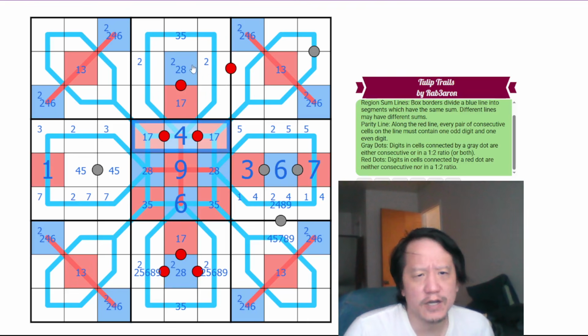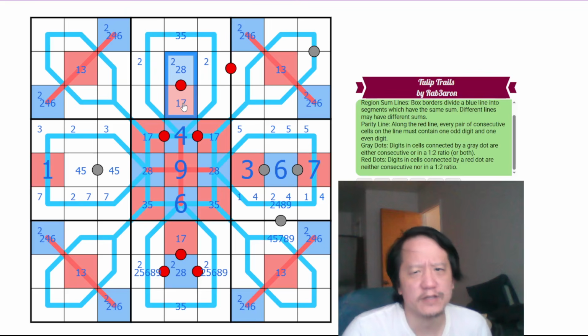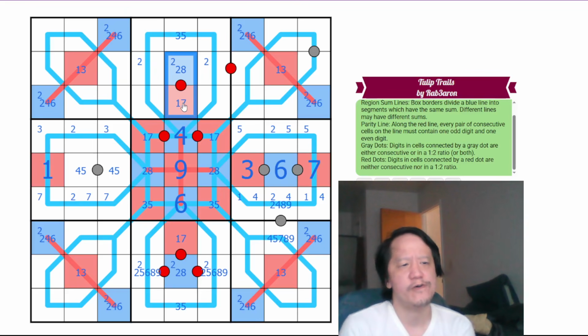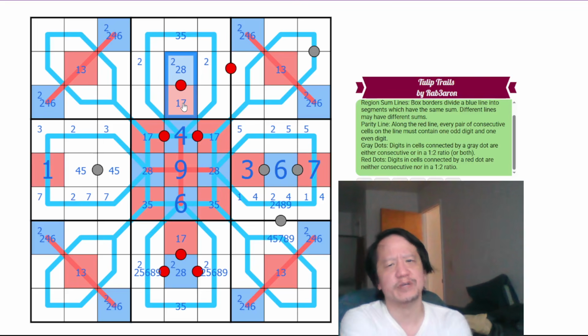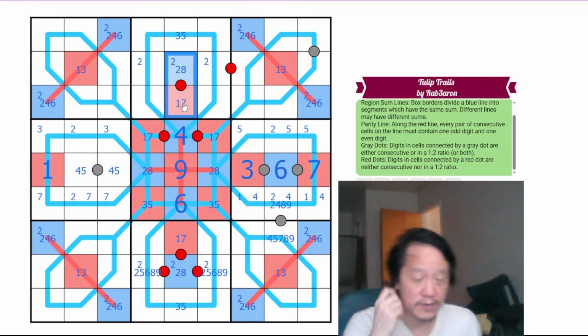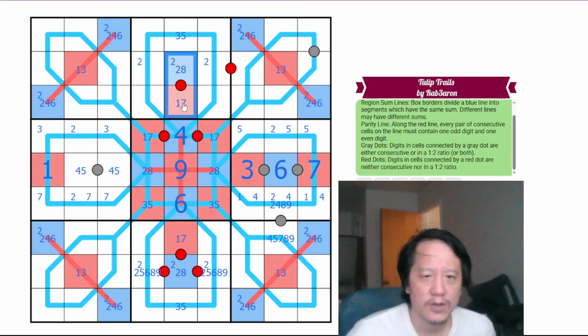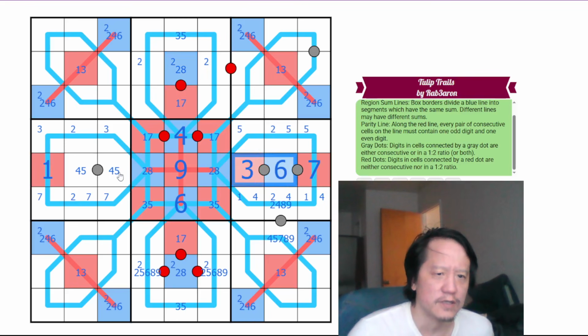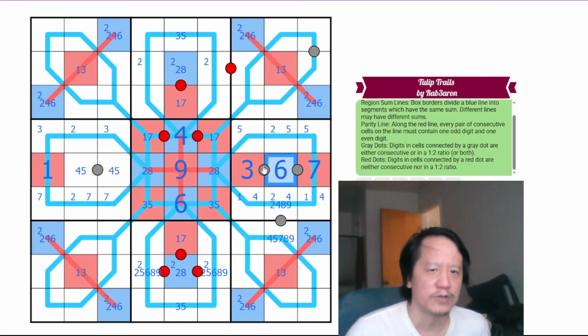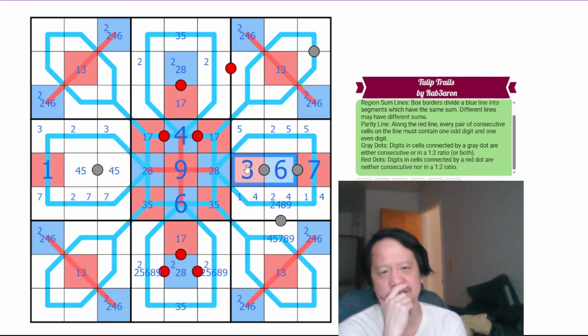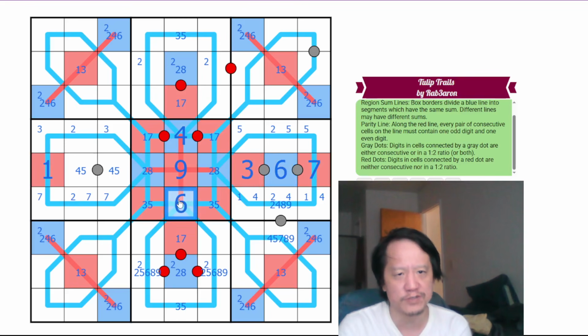Realistically, you didn't actually need this, right? It's kind of interesting that they added these red dots there, because they were always going to be non-related. I don't know, maybe it's just part of the... I don't know. Because the thing is, this necessarily made that relationship pretty obvious that this had to be 4 and 6 here because of the parity line.